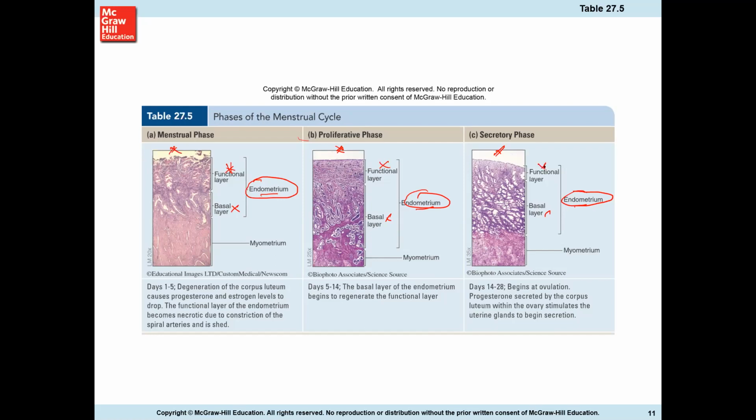This starts to build up, maybe around the 8th day of your menstrual cycle, because of the release of progesterone. It builds up until it gets really thick, because it's expecting to nourish an implanted zygote, which is really a blastocyst by then.